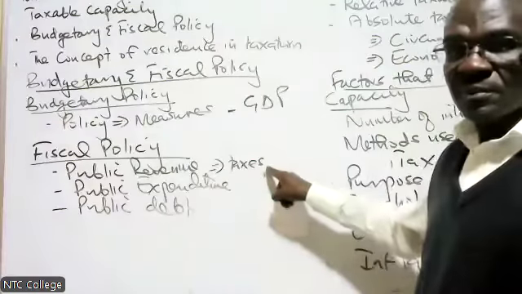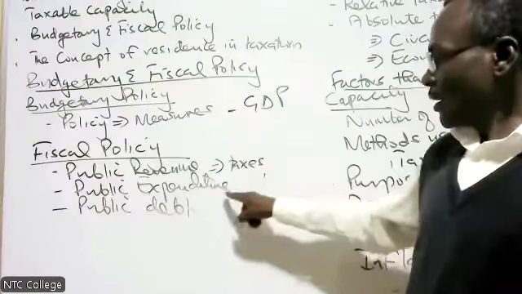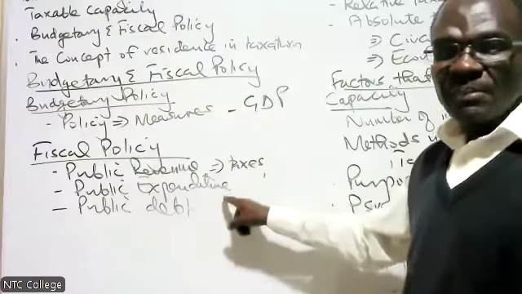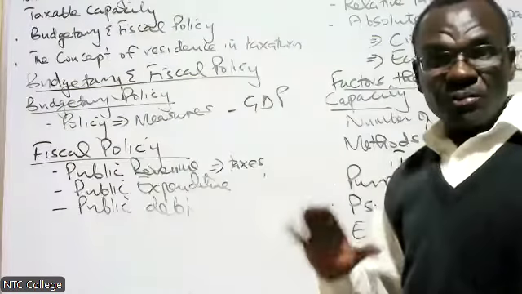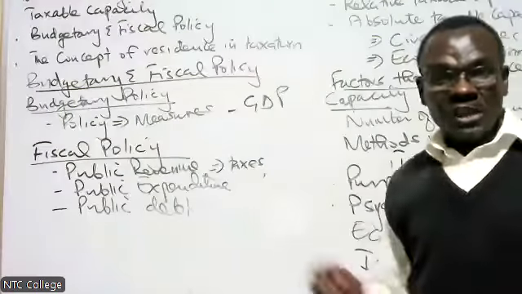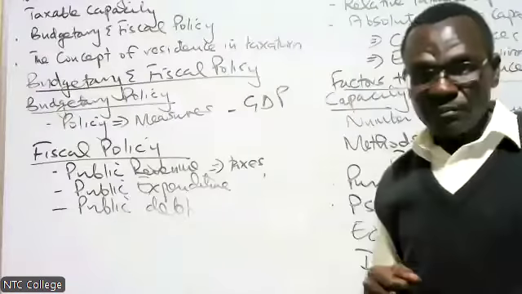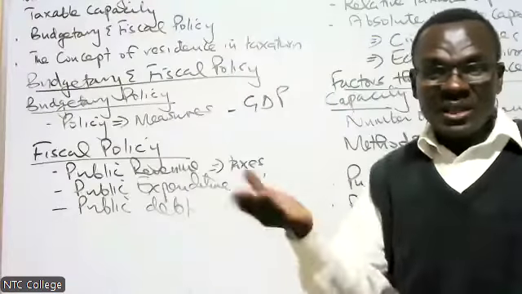Taxes will be increased. Then the government will reduce public expenditure. Projects will be reduced in order not to put more money in the economy, because inflation means there's too much money already.